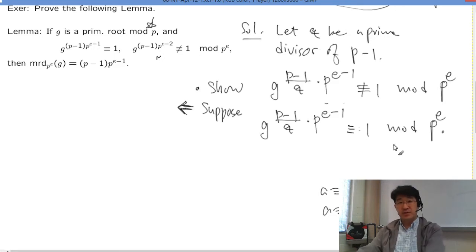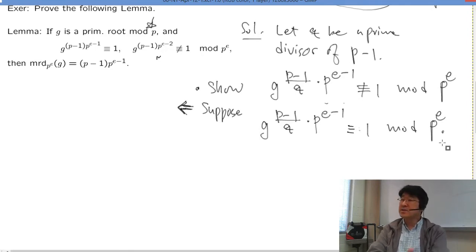Now, do you see a contradiction? If not, just state that this is congruent mod P and stare at it again. State it and use everything you know about mod P. This is the freshman's dream, right? That's the name I made up. It's not really the freshman's dream.